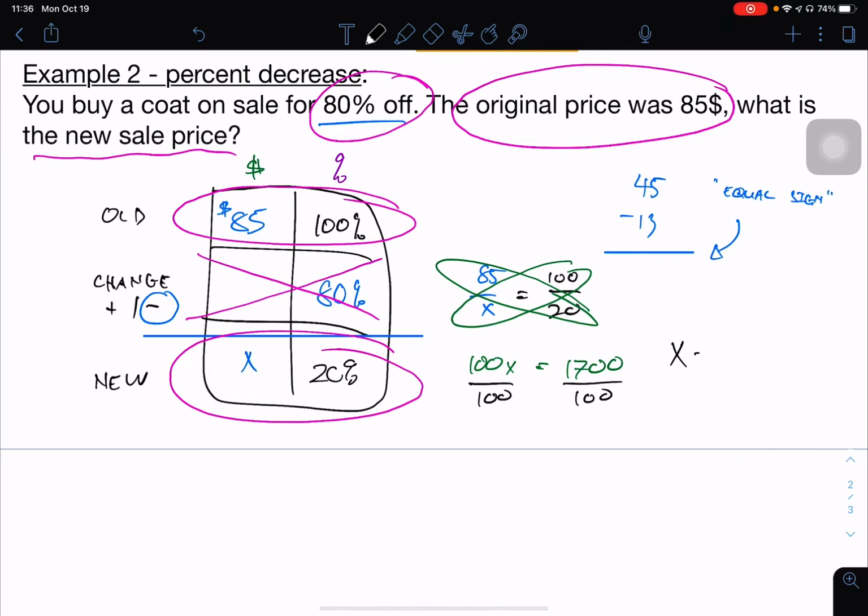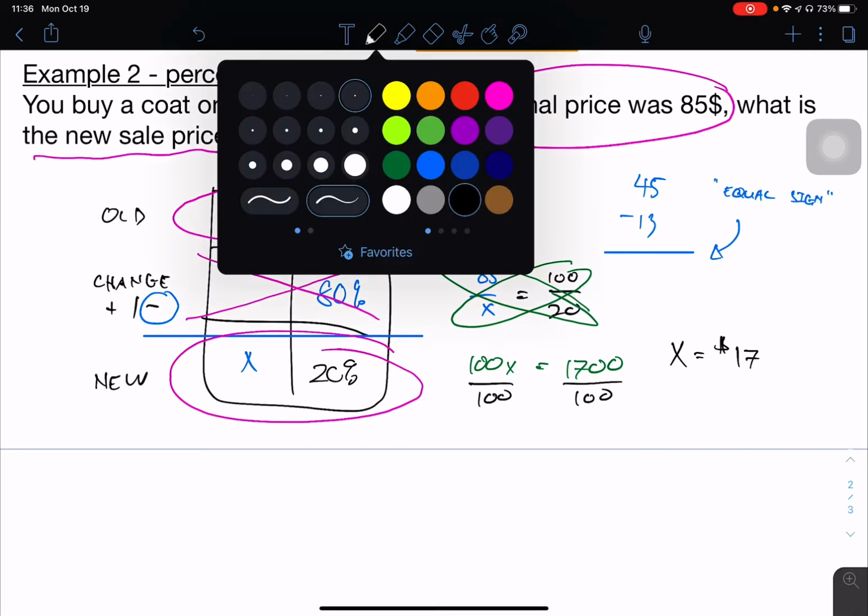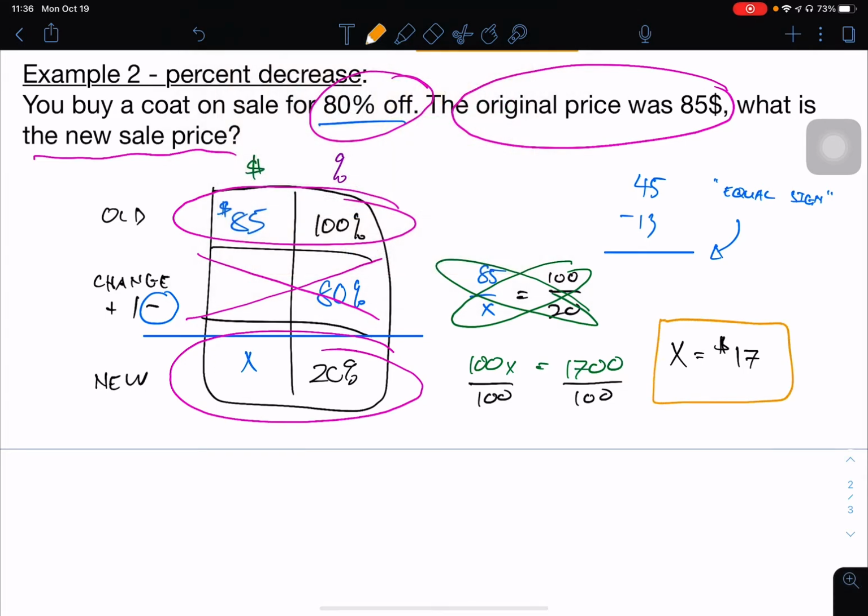You get x equals what? $17. And again, that answer makes sense because if you look at it, if you had originally $85 and then all of a sudden you had an 80% discount or decrease, right? Subtraction here. And whatever your answer is, it better be well less than $85, right?